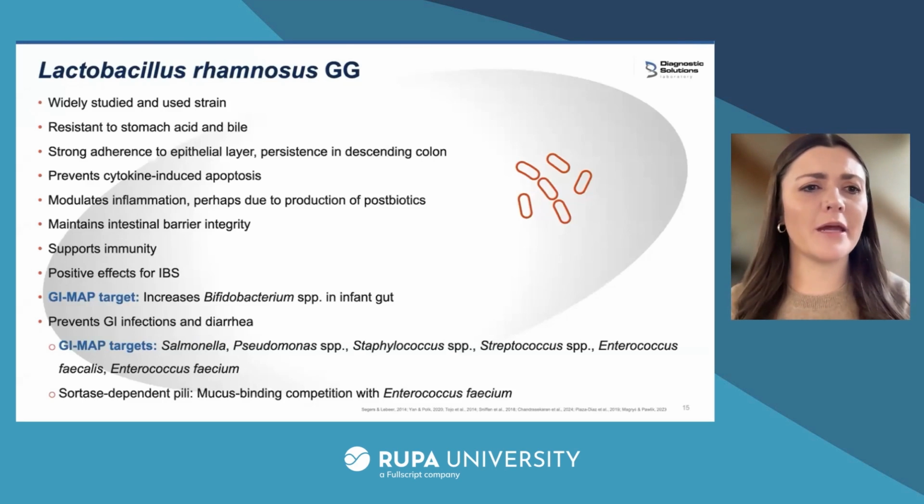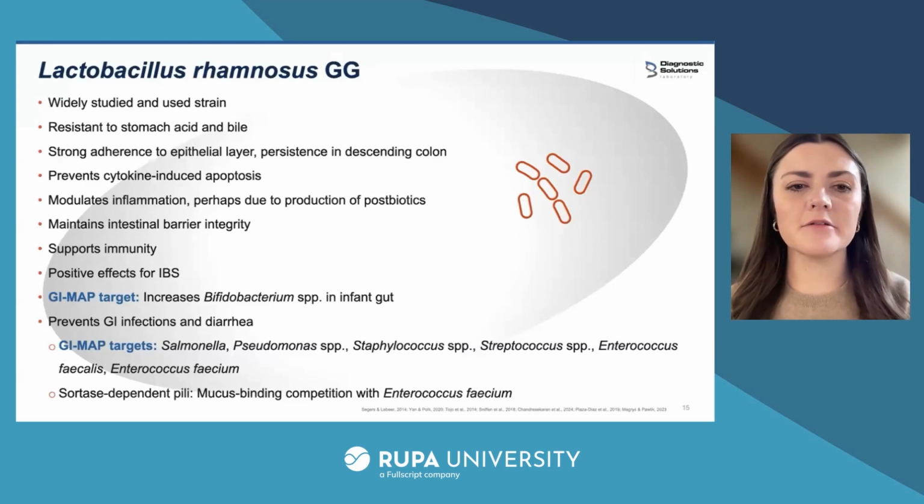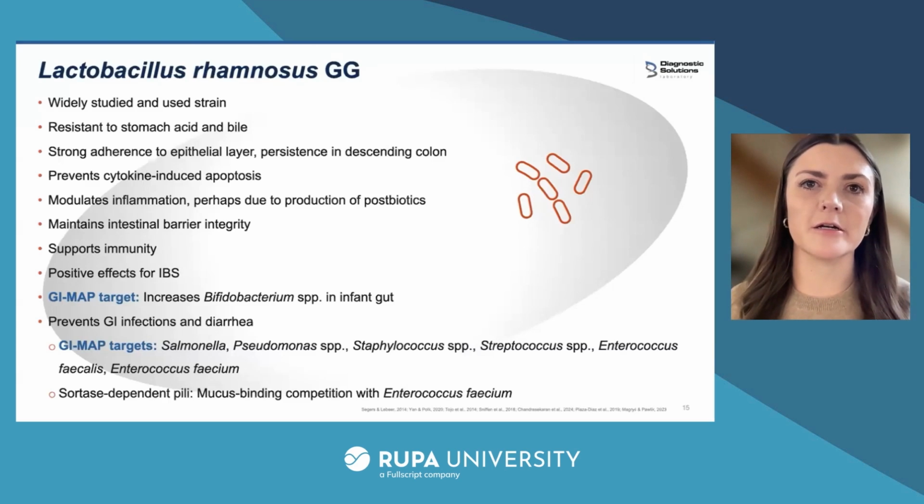There's a number of benefits to this strain. It can prevent cytokine-induced apoptosis of epithelial cells, can help to modulate inflammation. It can support barrier integrity, which again, super, super important. There's some positive effects for irritable bowel syndrome. In a study looking at the infant gut, it was shown to increase bifidobacterium.